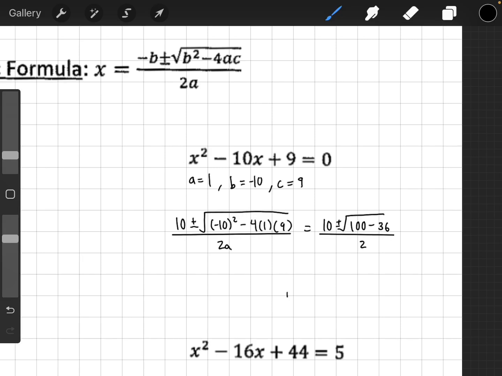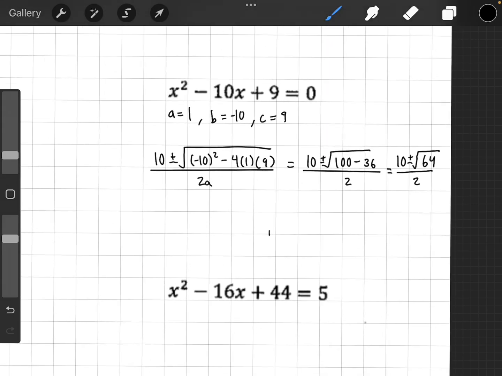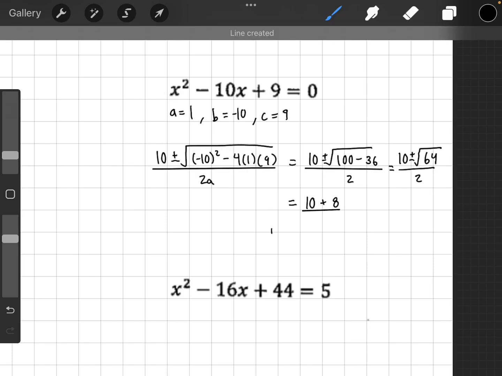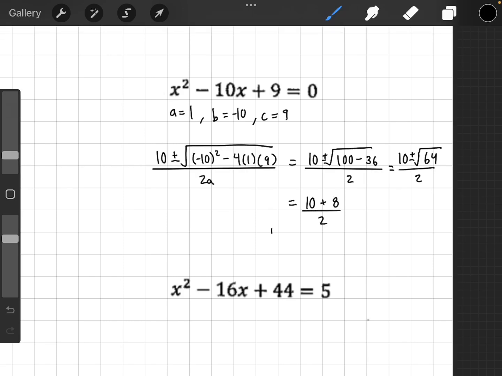100 minus 36 is 64. So 10 plus or minus the square root of 64 over 2. The square root of 64 is 8. So we can break this up into the positive square root and the negative square root.